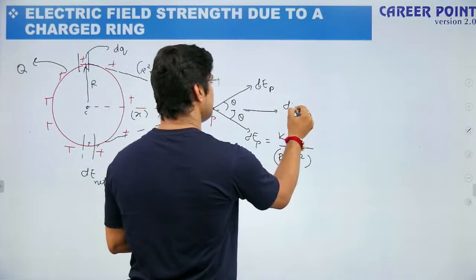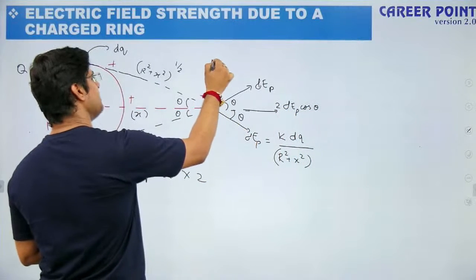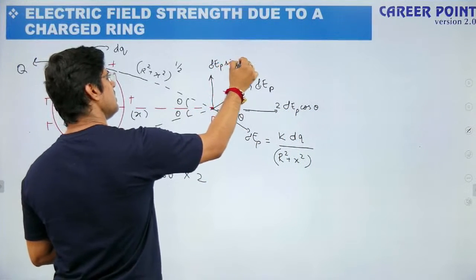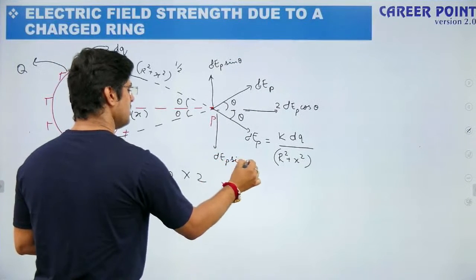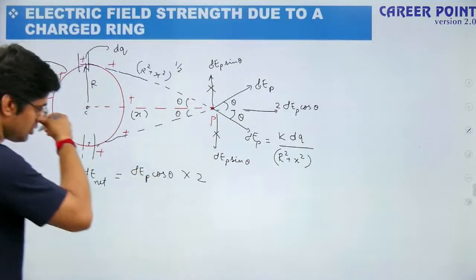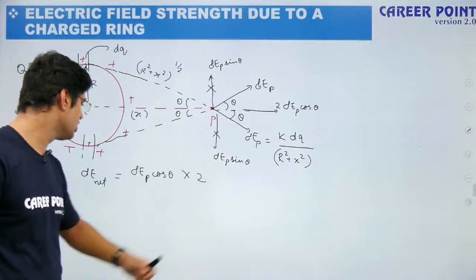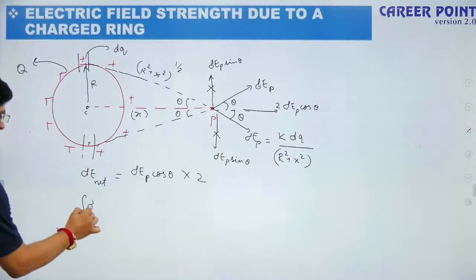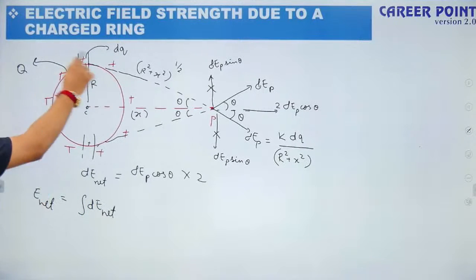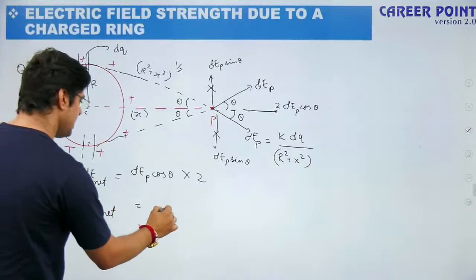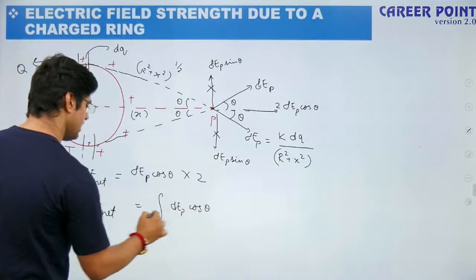Okay, so dEP cos theta into 2 and here it will be dEP sin theta, and they will cancel each other. Okay, so in this case we can write dE net is equal to dEP cos theta into 2, and integration of dE net will give us E net due to the whole charge on the ring, and this will be integration of dEP cos theta and 2 is outside.